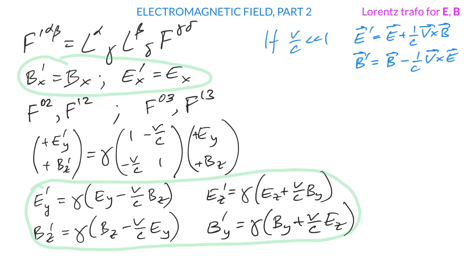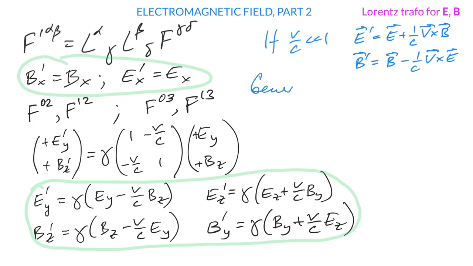Now, if V over C is not small compared to 1, we can obtain the correct transverse components if we multiply the right-hand side by gamma. But then we will have incorrect longitudinal components, because they shouldn't change, but if we multiply by gamma, they will change. So to fix that, we need to introduce a correction that fixes the longitudinal components.